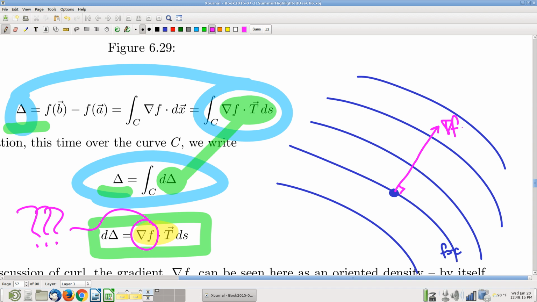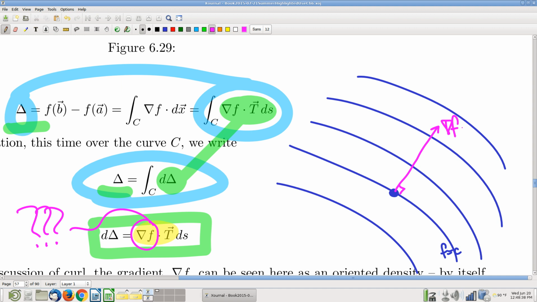Keep in mind my density is playing the role of a mass density. So there's quantity per unit size, so change per unit distance. Where on this picture do I see change per unit distance? The answer is I haven't drawn it yet. I can't really draw it yet, because when you ask what is the change per unit distance, you have to say which direction you are going.